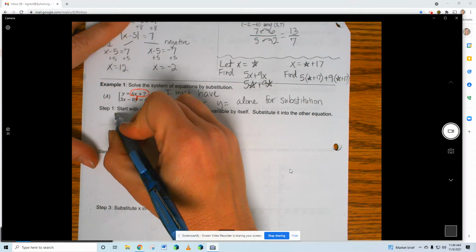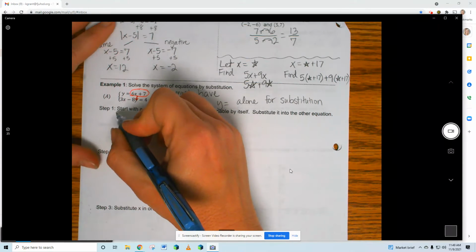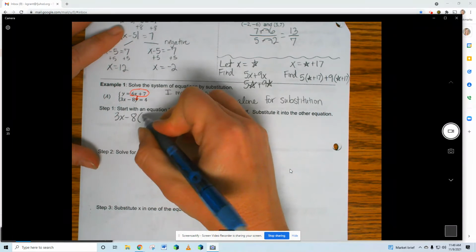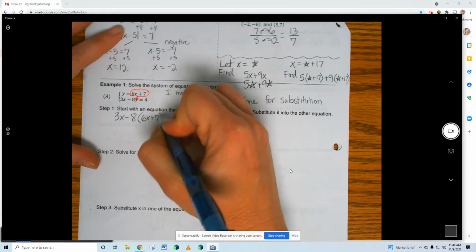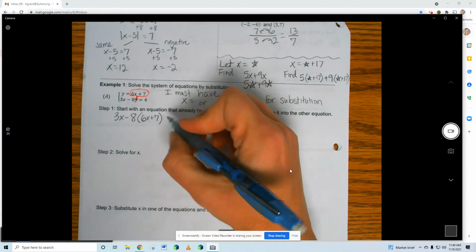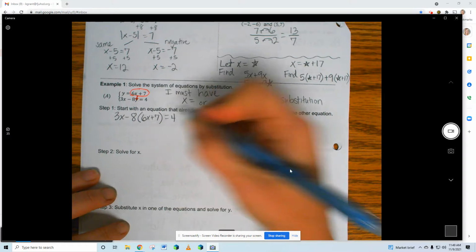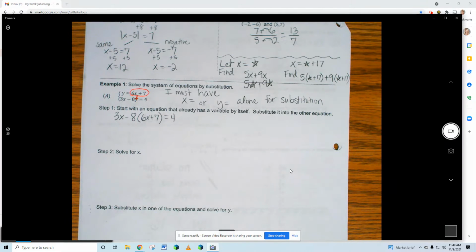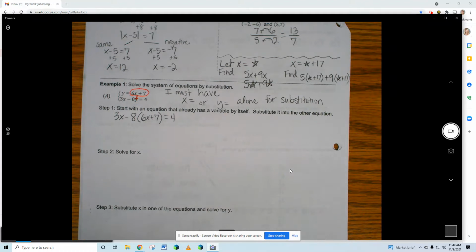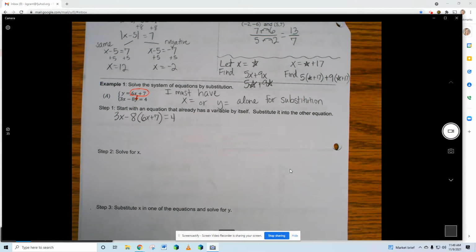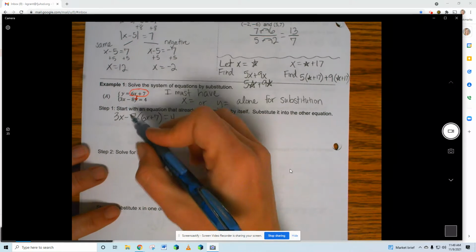Here's my other equation. 3x minus 8y equals 4. So instead of y, I'm going to put 6x plus 7. Okay. So let's distribute.